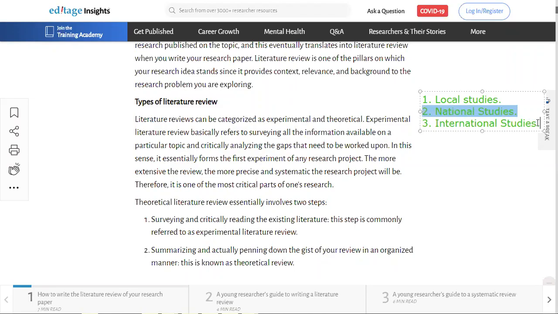And for the international studies, we have to take into account some other variables. Number one, for example, those studies related to Latin America, and the other ones related to the rest of the world, right?